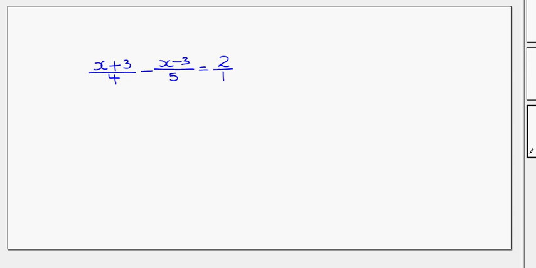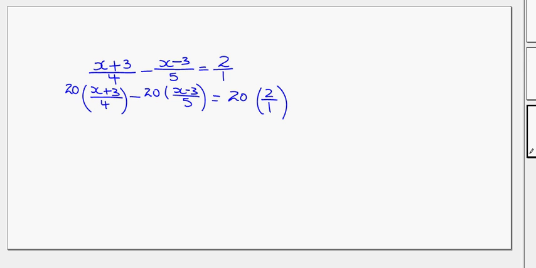20. So it means we're going to take 20 now and multiply it by each term, each element here in turn. So we're going to say 20 on the outside here, multiplied by x plus 3 over 4, minus 20 again, because we're multiplying 20 by each element, x minus 3 over 5, and then we're multiplying by 20 now, by 2 over 1.